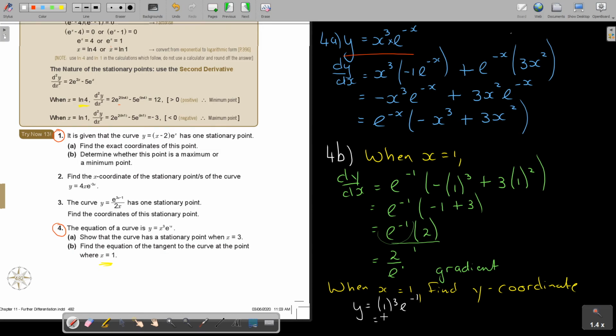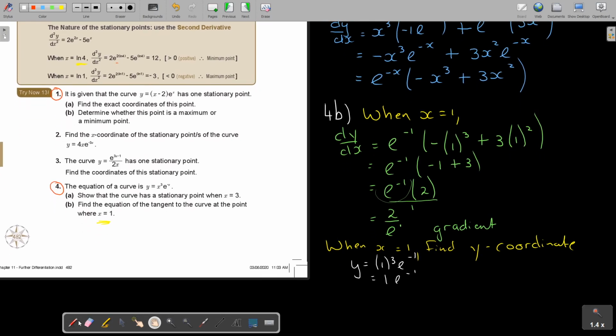That is going to give me 1 times e to the minus 1, and if I do exactly the same as I did there, it's 1 over e. So therefore, what is the coordinate? That coordinate is 1 and 1 over e.